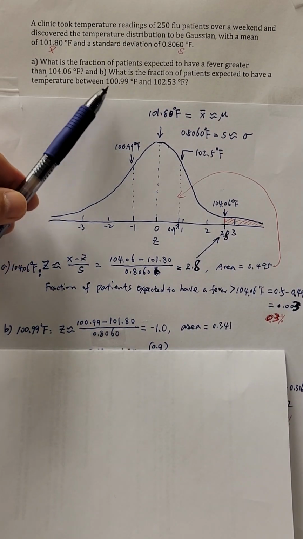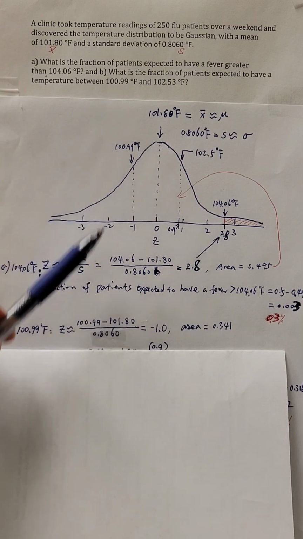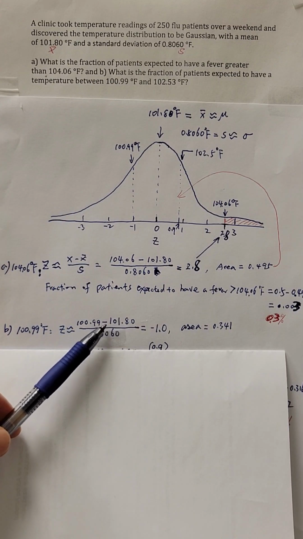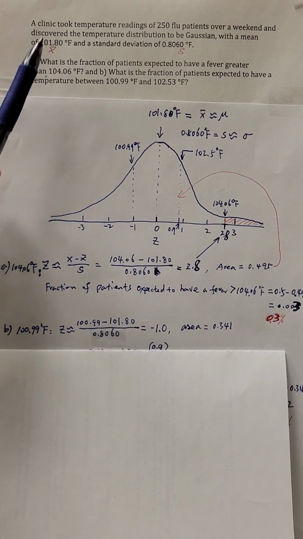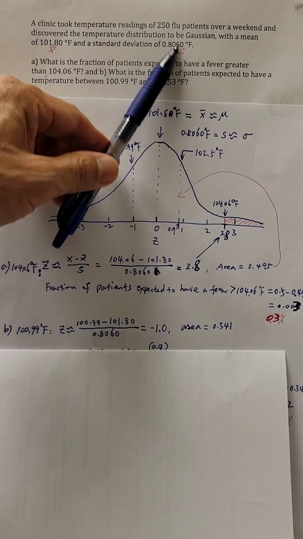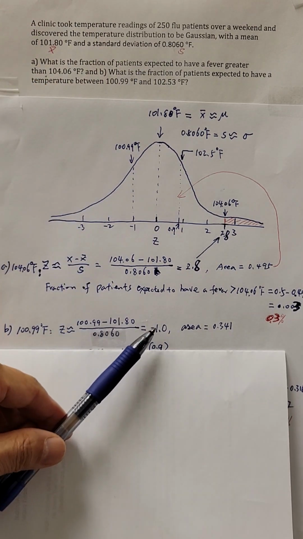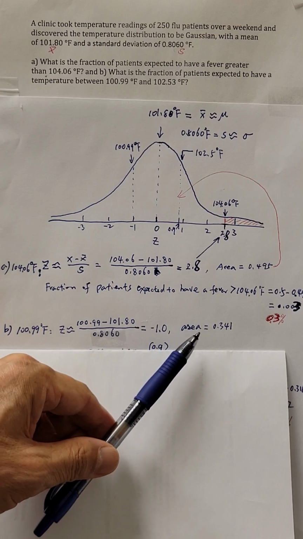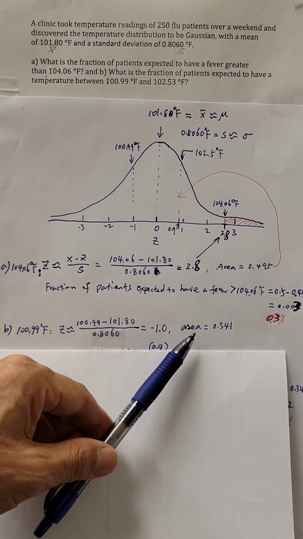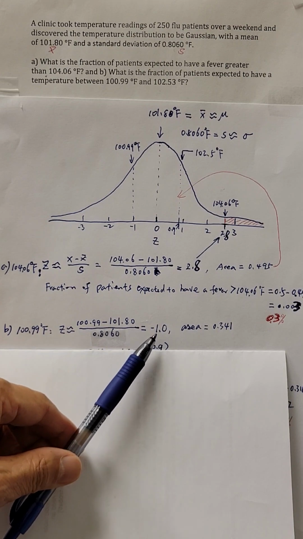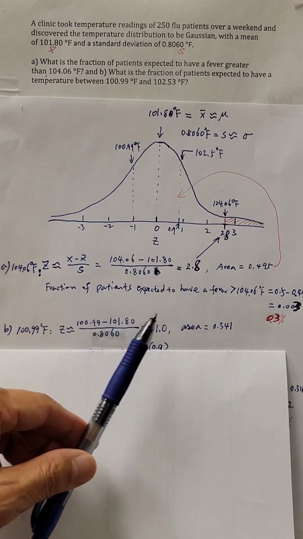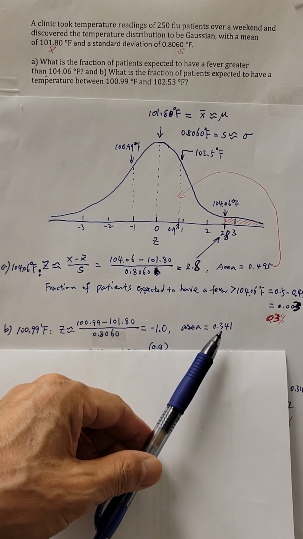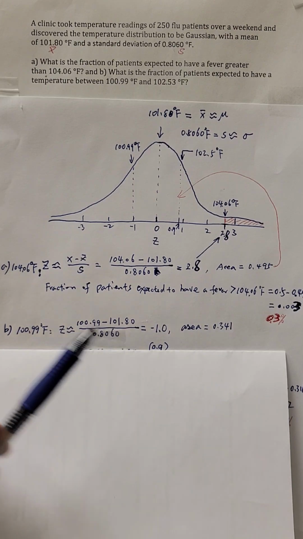We use the measurement, 100.99, subtracted by the mean value, 101.8, divided by the standard deviation, which is negative 1.0. Again, from the table, you find that when z equals negative 1 or positive 1, the area is 0.341.